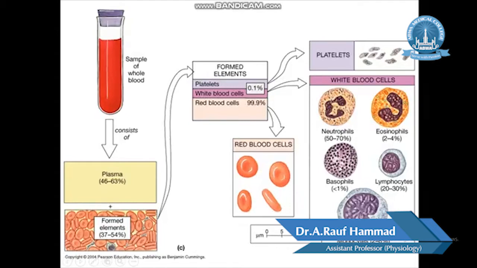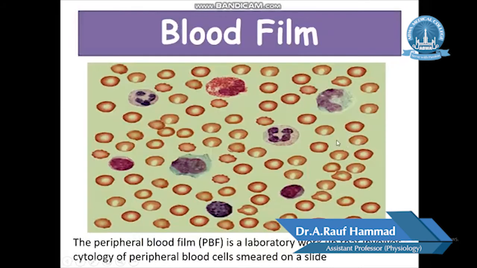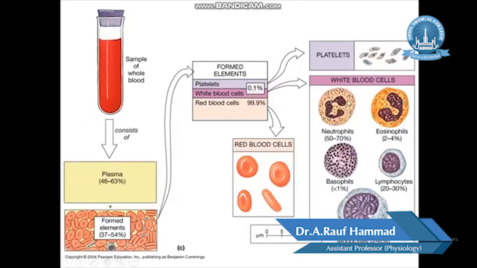When there are granules in the cytoplasm, they will be called granulocytes. For example, these 3 are the granulocytes. And the lymphocytes, they have a big sized nucleus.